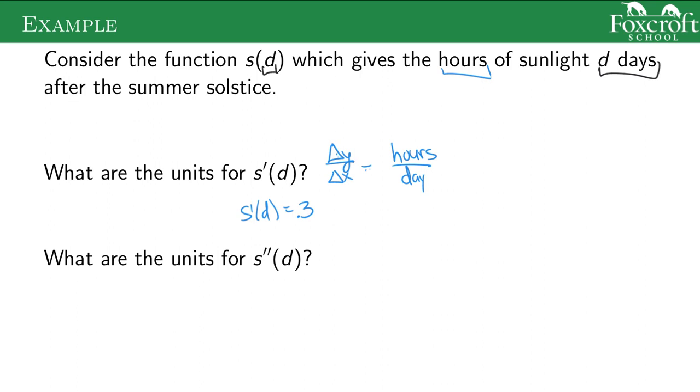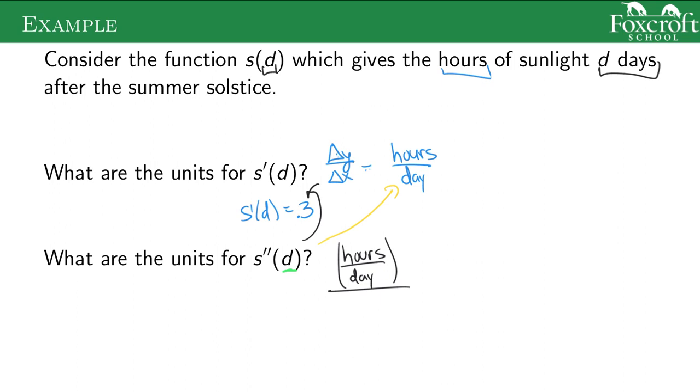Well, s double prime is the derivative of s prime. You plug in the same d, and you get out the slope of this tangent line. All right, so our input, again, is d for day. So the output I get is the hours per day.